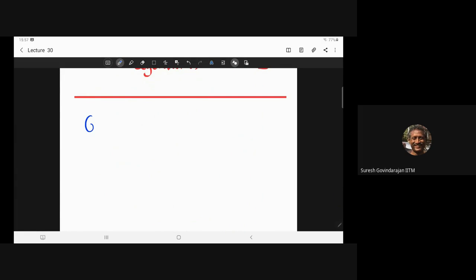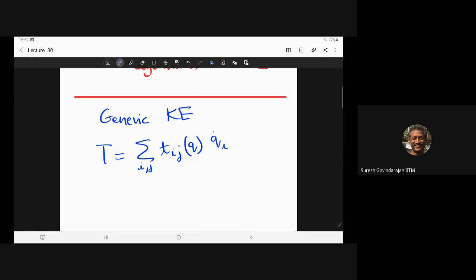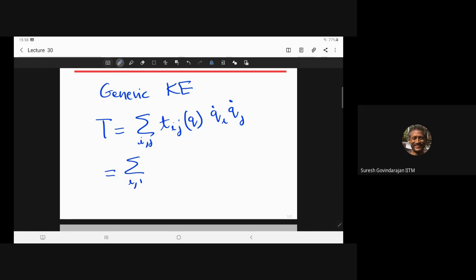For generic T, even if you stick to generic kinetic energy, before approximation T would be equal to, say, summation ij Tij of q, q i dot q j dot.